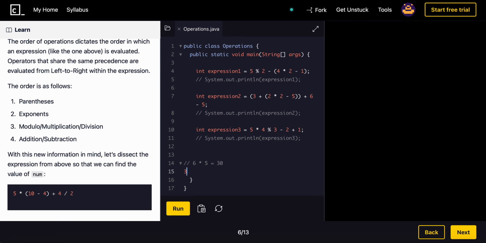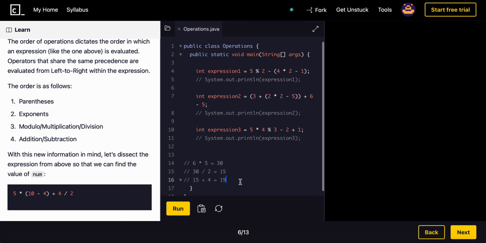So 30 divided by 2 is equal to 15. But now we add 4, right? So we have 15 plus 4, which equals 19.